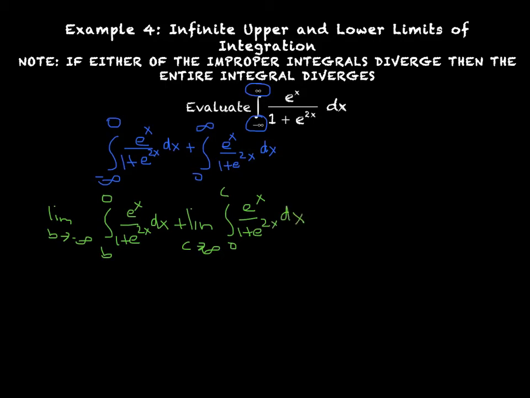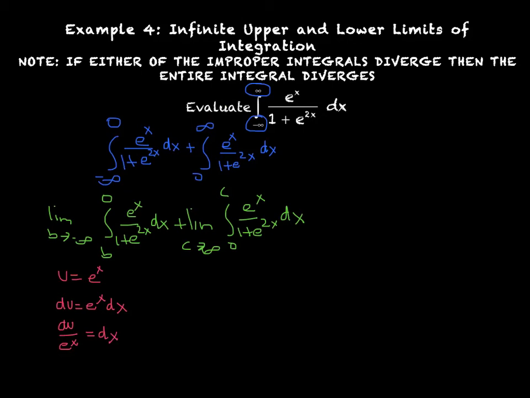All right? And so now we are actually ready to integrate, so we are going to do a u substitution, and we are going to let u equal e to the x, du is going to equal e to the x dx, and so du over e to the x equals dx.